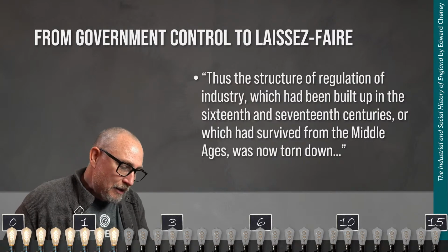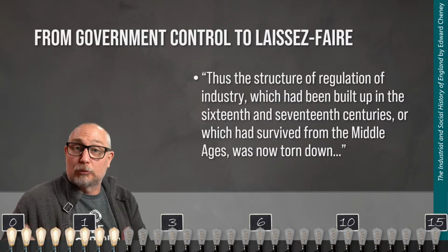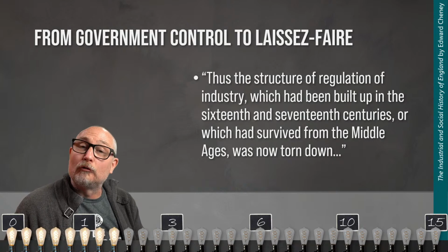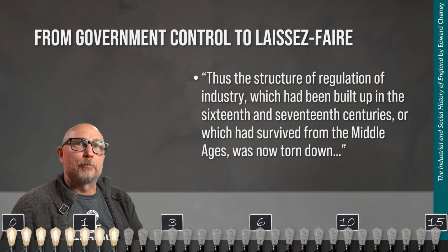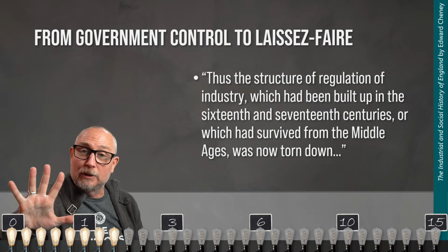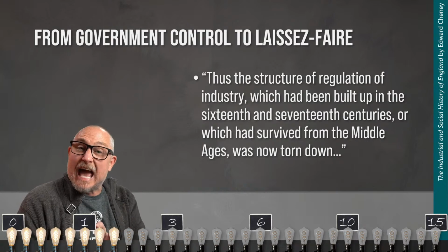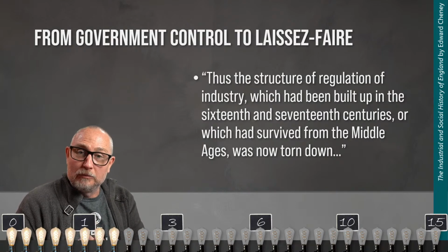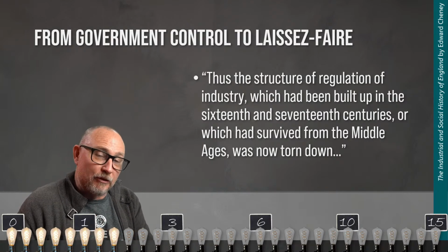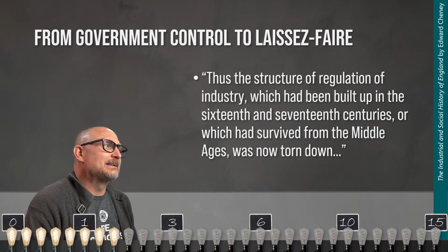We've been talking throughout these lectures about the 5 principles of capitalism. We've talked about the profit motive, free market, capital, private capital. And now we're talking about the 4th one, which is laissez-faire. Let's talk about laissez-faire.